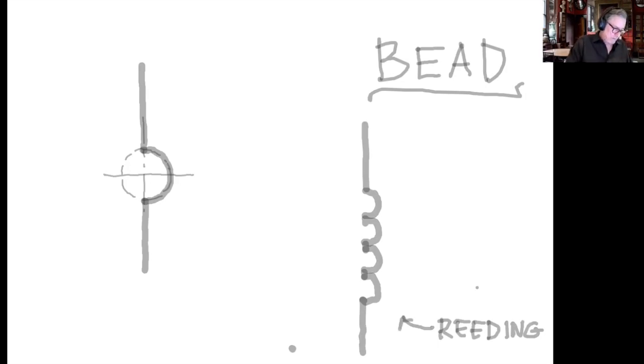So going back to our original bead here, let's draw 45s. Give it a little feel of the three-dimensional, like that. And that's a bead. And then we'll shade it.